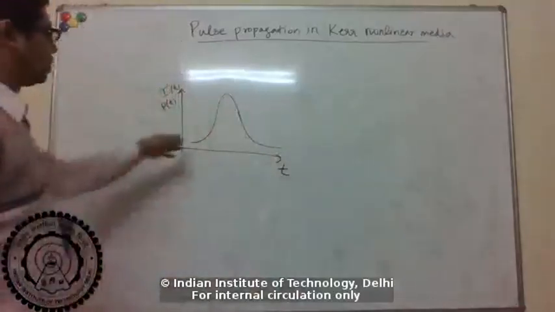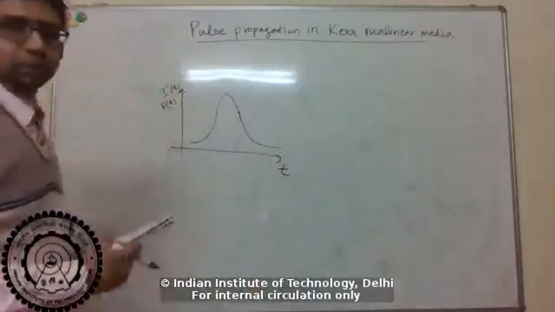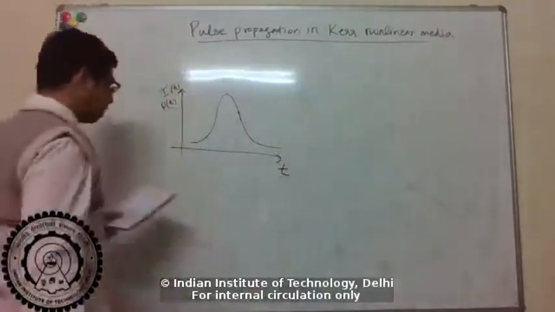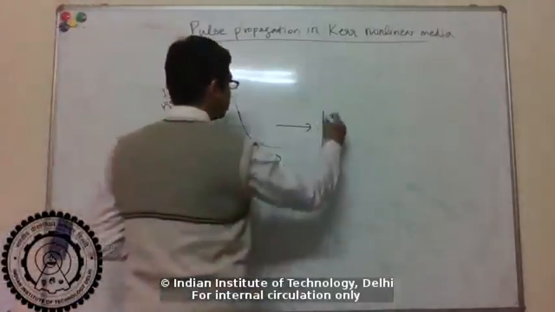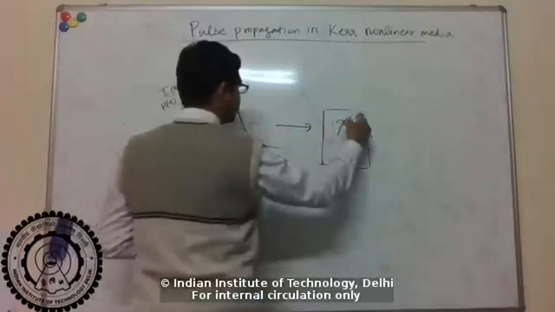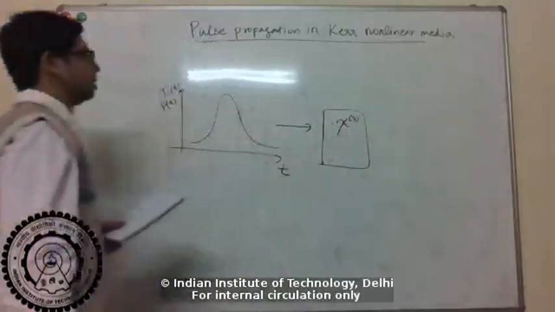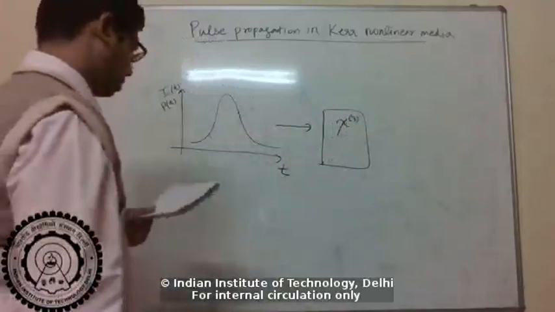But for a pulse, you'll have some peak with some pulse width. And when such a pulse propagates through a medium which has chi3 nonlinearity, we'll see how we analyze such a case.